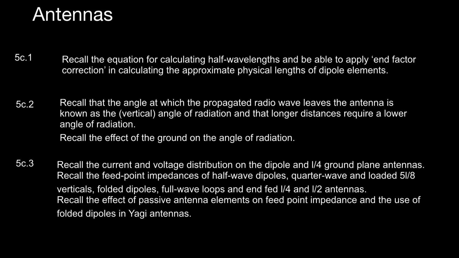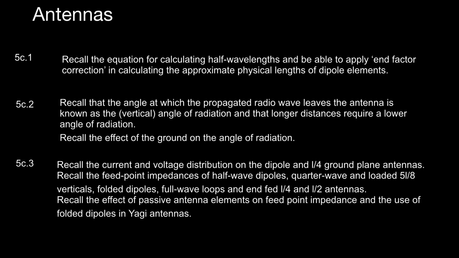Recall the current and voltage distribution of the dipole and quarter wave ground plane antennas. Recall the feed point impedances of half wave dipoles, quarter wave and loaded 5/8 antennas.